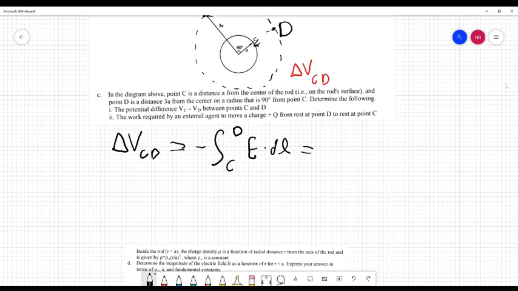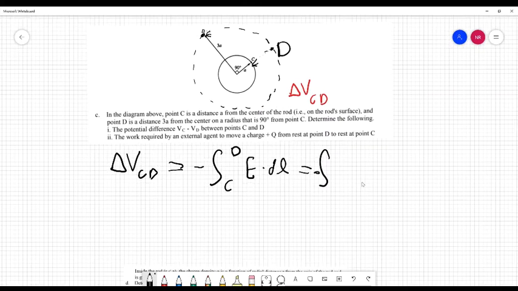So that's the same as the integral, and when I say from C to D, that's the radial component, or the radius, so that would be from A to 3A pretty much. So we can just keep that there. Of lambda over 2 pi r epsilon naught, and then dl.